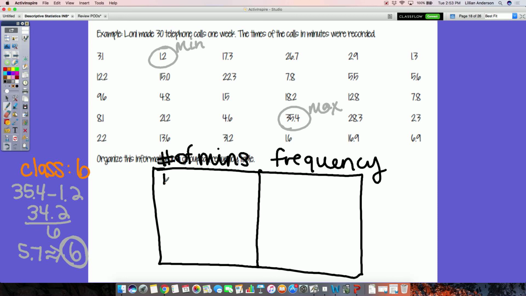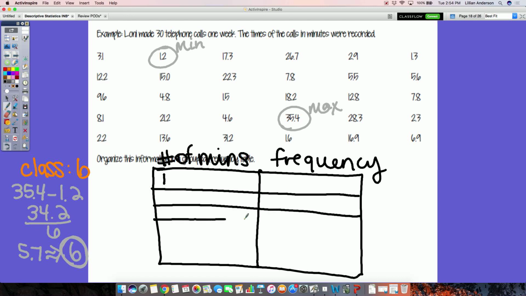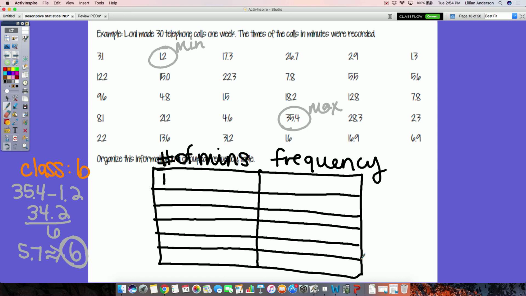It's going to be 1. So from there, I need to determine what the lower limit is of each of my 6 classes. Okay? Yeah, 6. So 1 is the lower limit of my first class.